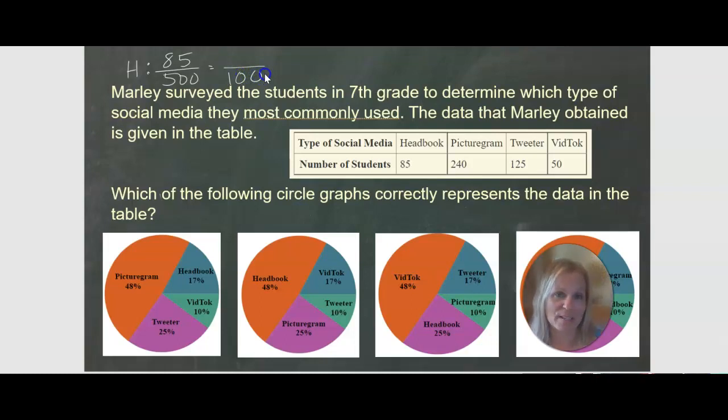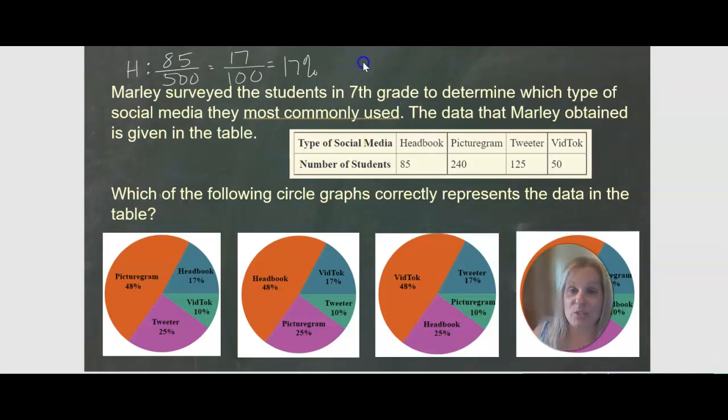Hundredths and percent mean the same thing. So what is 85 divided by 5? 17. So this one is 17%. Now, if you don't like that method, you can do 85 divided by 500. Just remember, it's top divided by bottom, and you'll get 0.17, also 17%.